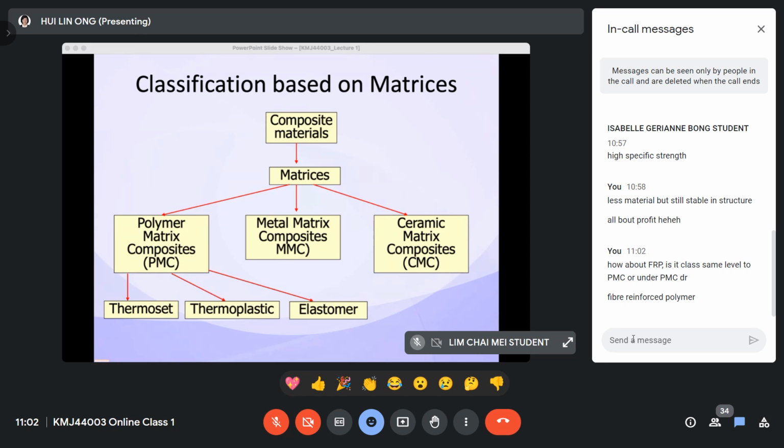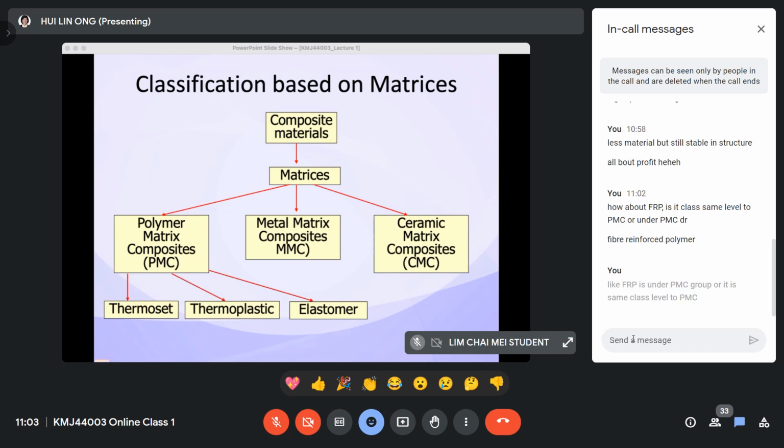Okay, let me think. Something very unique. You mentioned fiber reinforced polymer. Where did you get this phrase, fiber reinforced polymer?